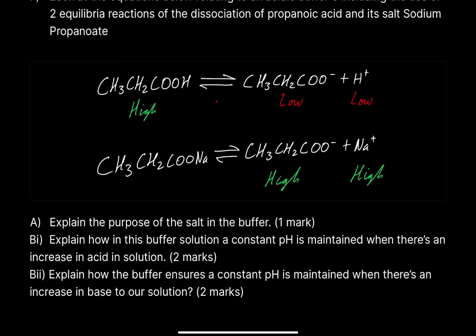And we'd have a low concentration of sodium propanoate in the unionized form in comparison to our propanoate ion and our sodium ion. The equilibrium is far to the right because salts fully dissociate in solution. So there's a high concentration of propanoate ions in comparison to unionized sodium propanoate.